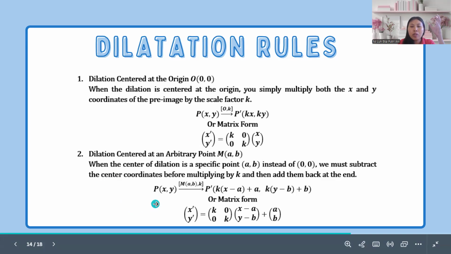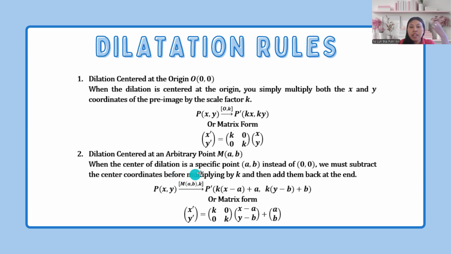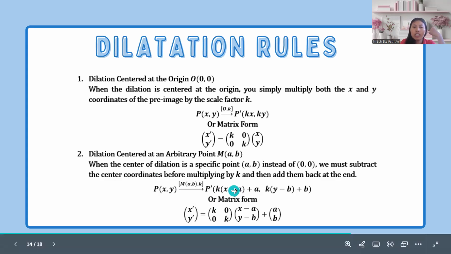The point P with coordinates (x, y) dilated by M(a, b) with scale factor k gives P' with coordinates (k(x − a) + a, k(y − b) + b), or in matrix form you can use this.